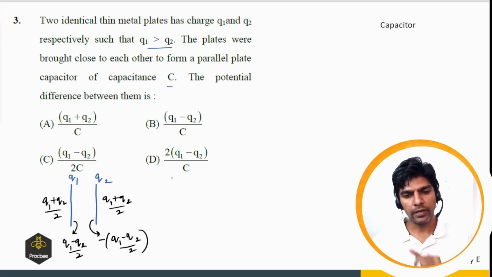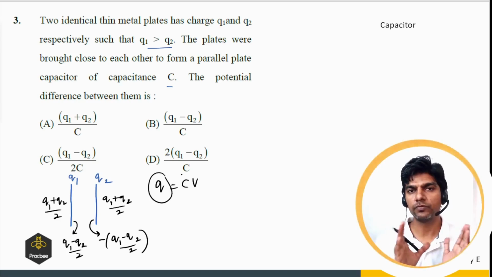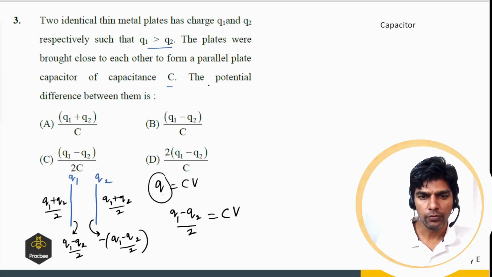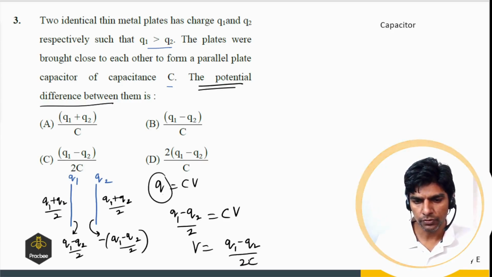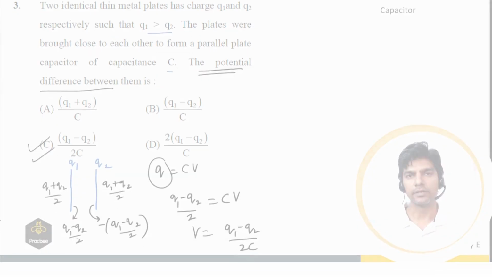And whenever we use this formula Q equals CV, this charge is the charge on the facing surfaces. So here this Q will become (Q1 minus Q2) by 2 equals C times V, and we have to find the potential difference between them. So potential difference will be (Q1 minus Q2) by 2C. So option C is the right answer.